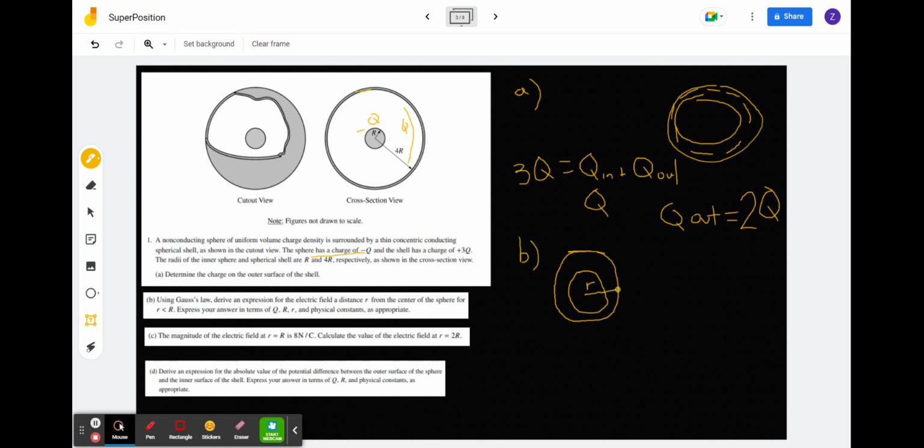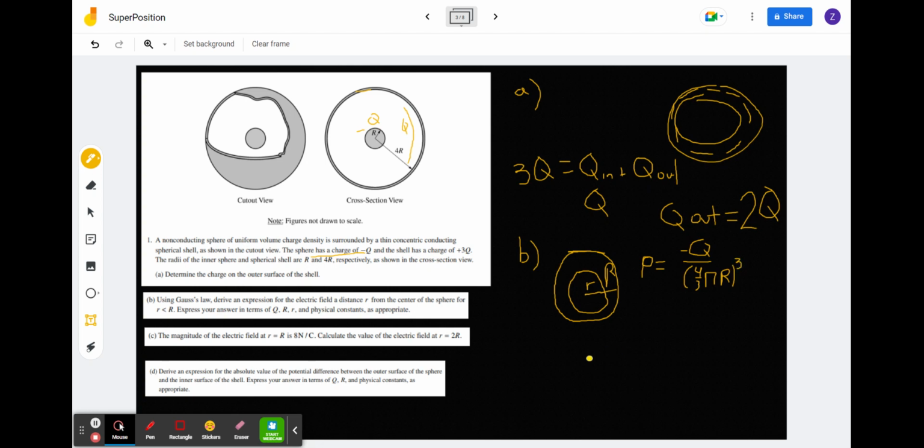Now this charge density rho is going to be the total charge, which is negative Q, divided by 4/3 pi big R cubed.